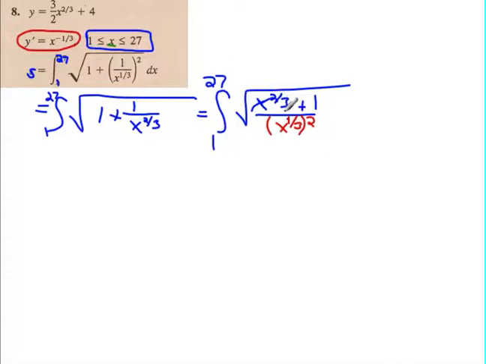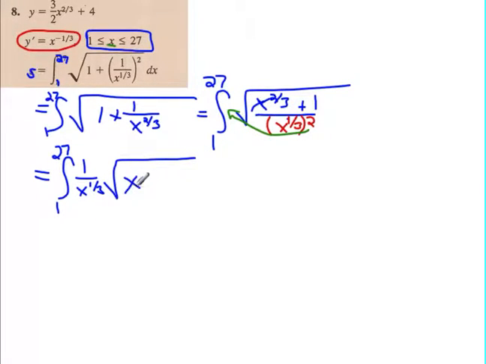Well, now because square root and that squared cancel, and now this guy can pop outside. He's not outside the integral, but he's outside the radical. So it's 1 over x to the 1/3 outside the radical. So we've accomplished some of what we needed, and what's left inside is x to the 2/3 plus 1.